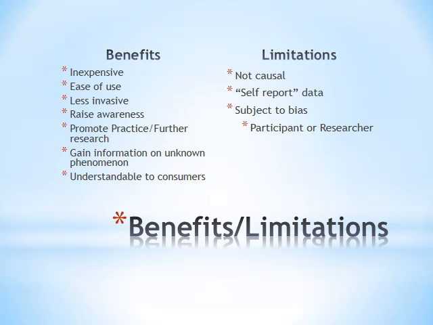So if the researcher knows, okay, if they're not blind to what the intent or purpose of the survey is, they can ask questions in a certain way, as well as one researcher might ask the survey in this way, and another researcher might ask the question this way if you have different interviewers. As I said before, opinions, perceptions.